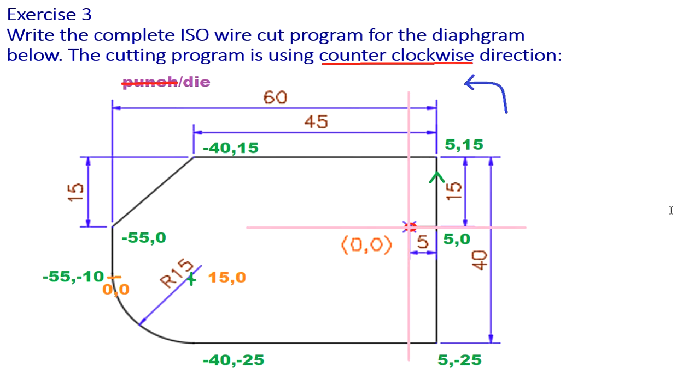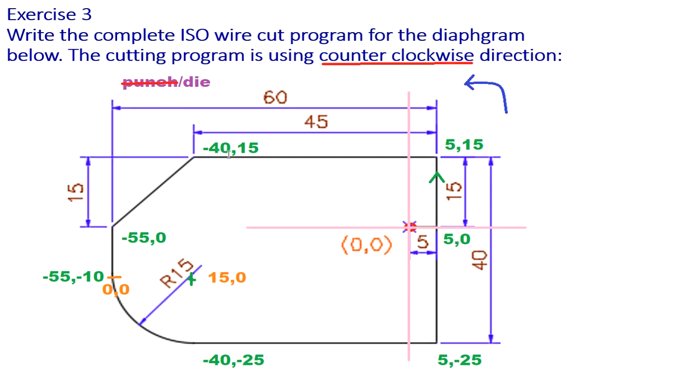So again I repeat one more time. To find the coordinate for this center radius is using incremental. So our 0, 0 is now here, so the coordinate here is X15 because of this radius 15, and then Y0. So we check one more time. 5, 0, 5, 15.